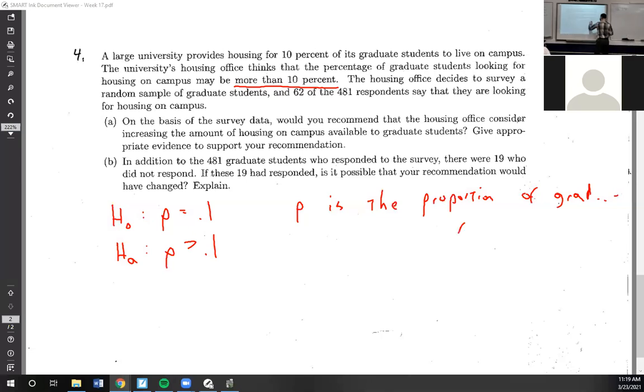And then you would give your alpha level being 0.05. That's what you should say in your step 1: null and alternative, define your variable, give your alpha level.